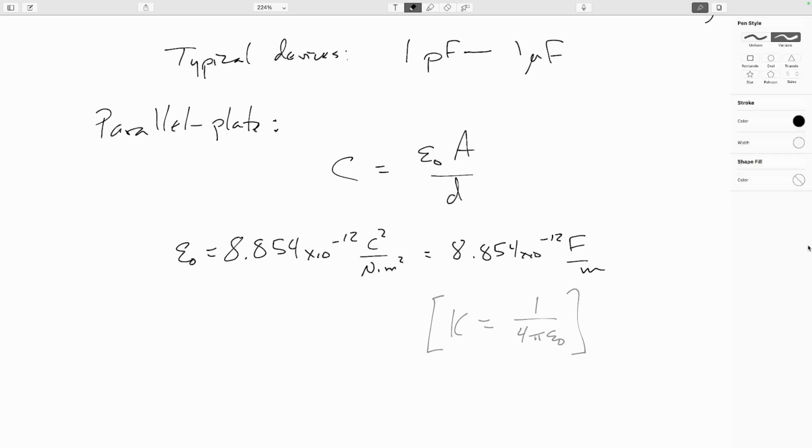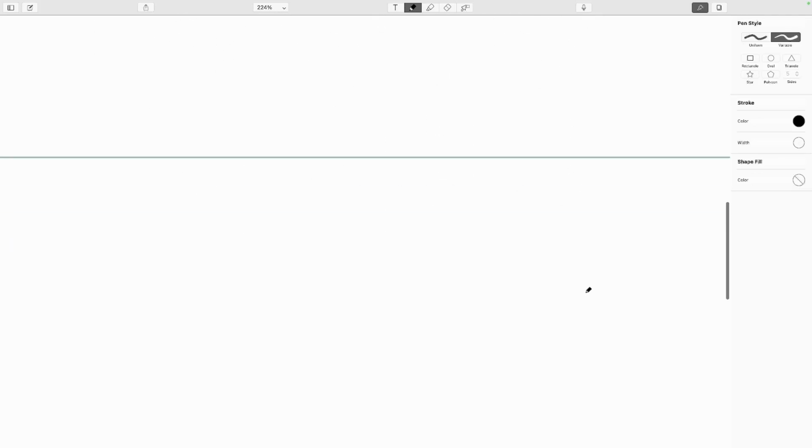Now, if the shape of the plates is not just a couple of flat plates, like I mentioned before, a lot of devices are actually cylinders. You wind up getting a little different relationships, but the main idea is still the same. The bigger the plates or the smaller the separation, the more charge you can hold. Okay.